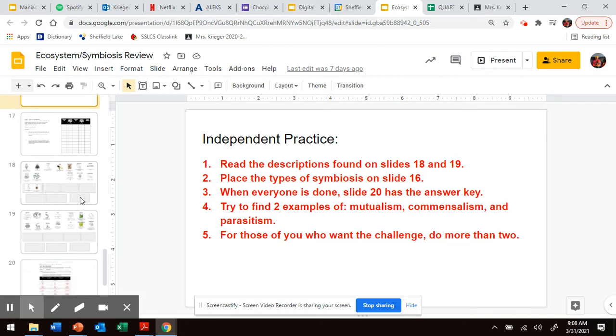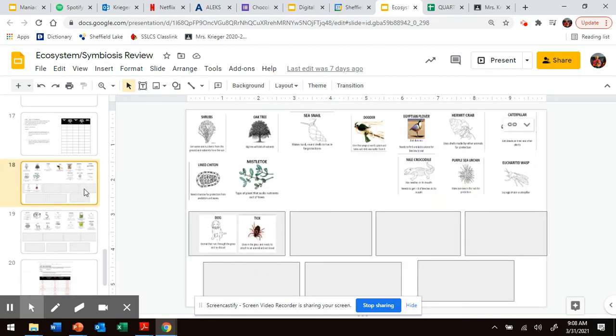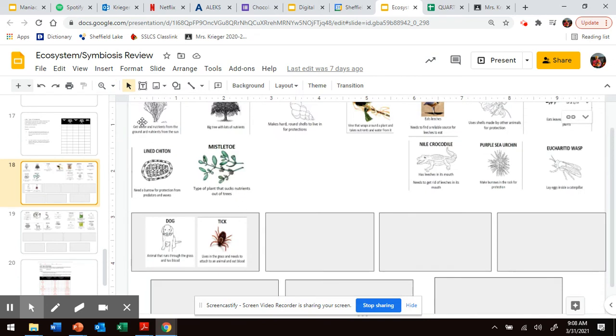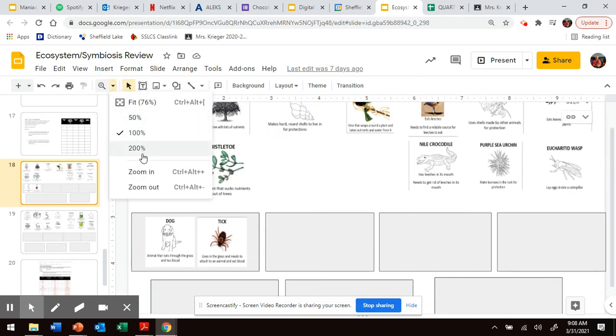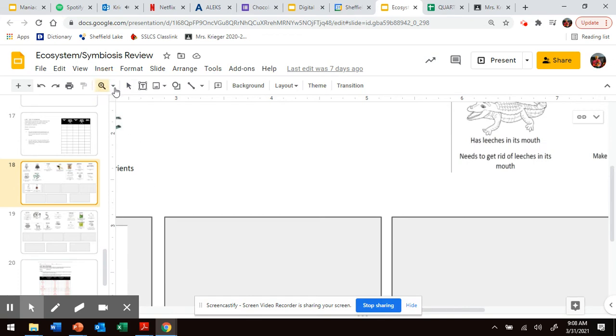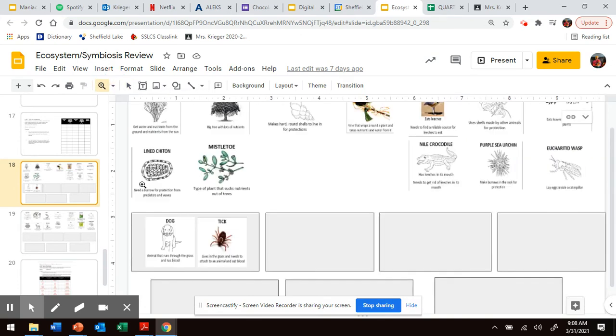Normally in school, we would print the cards, you'd read them and sort them. So if you look at slide 18, we have one done for you. This lovely dog and tick relationship: an animal that runs through the grass and has blood, and a tick that lives in the grass and needs to attach to an animal and eat the blood.